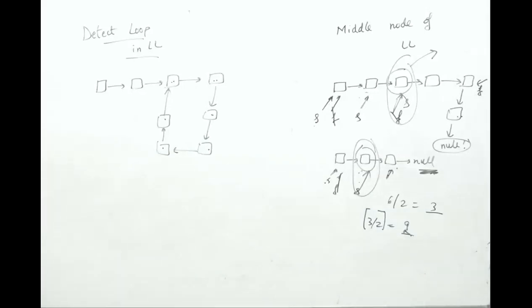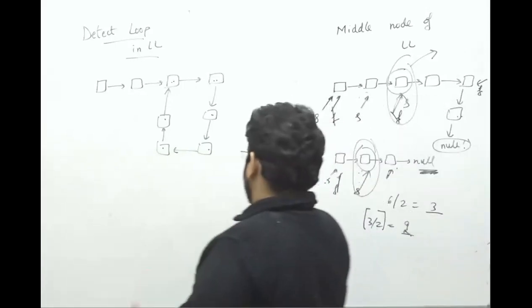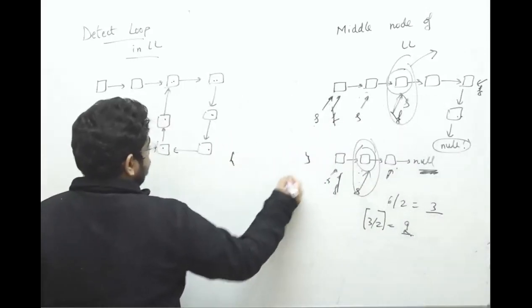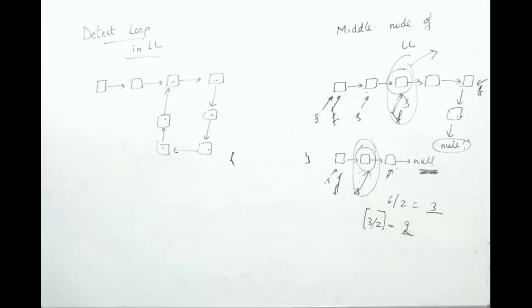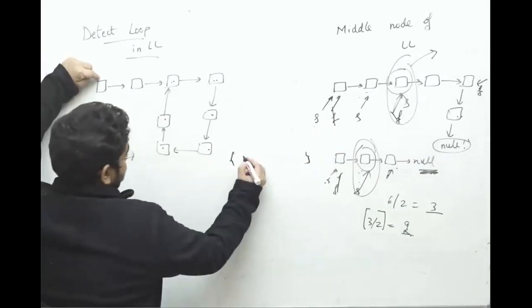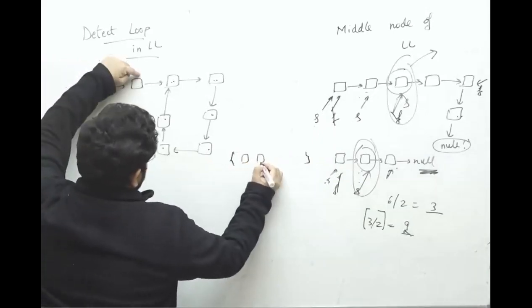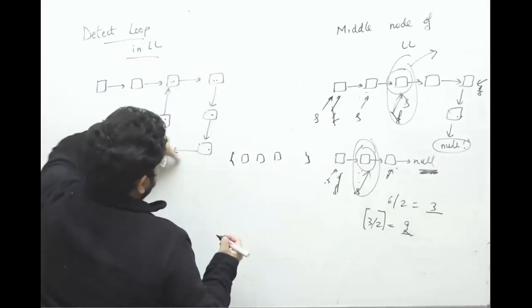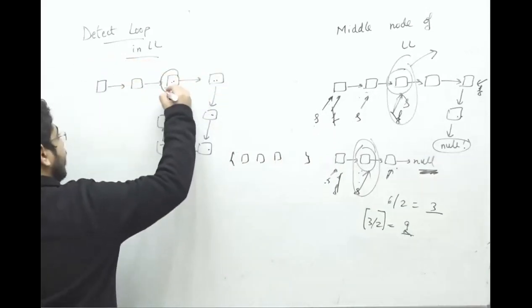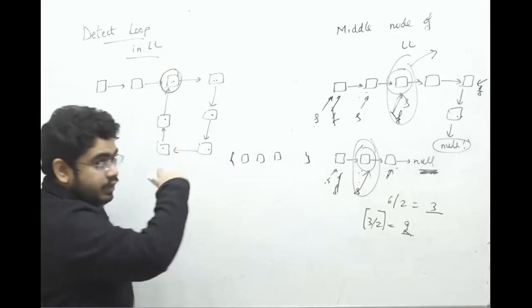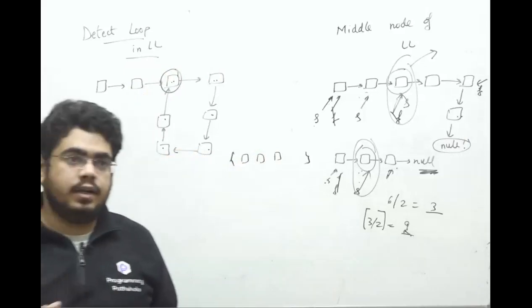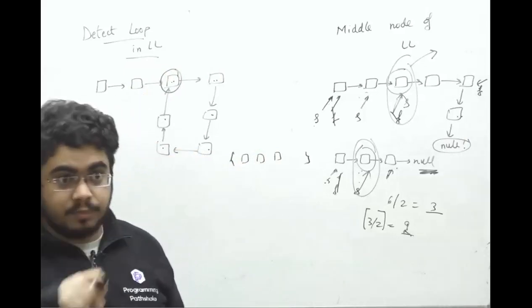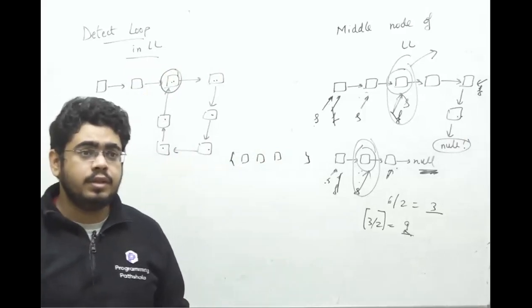So what we can simply have is a set of all the ones that are visited. So I visit this, I put it in the set. I visit this, put it in the set, and so on and so forth. If I ever get a node which is already visited, then I know that it's a loop. Does that make sense to everyone?